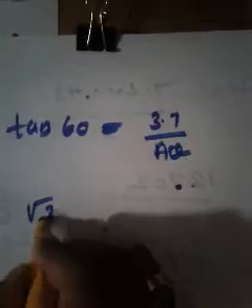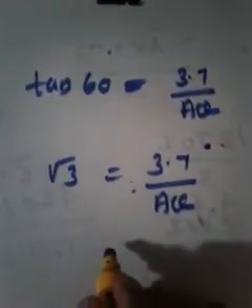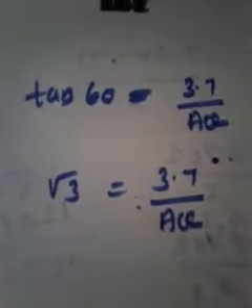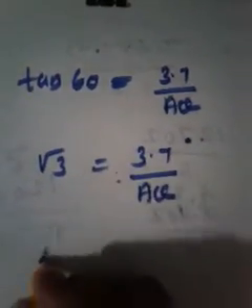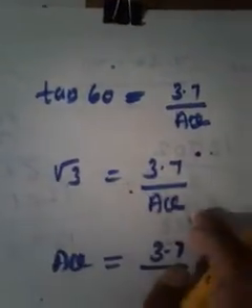That means 3.7 by AQ. What is the value of tan 60? Of course, that is root 3. So root 3 is nothing but 3.7 by AQ. Then what is AQ? Take this AQ to the left side, and take root 3 to the right side.